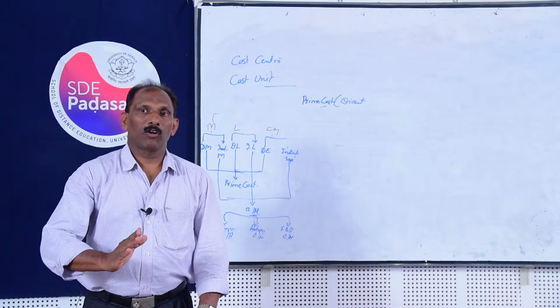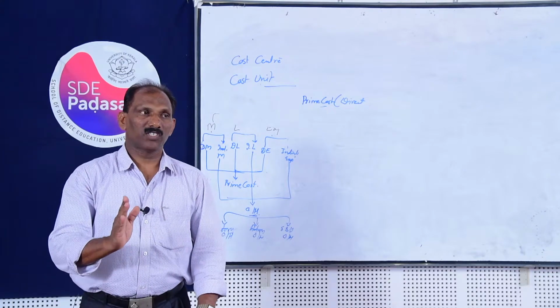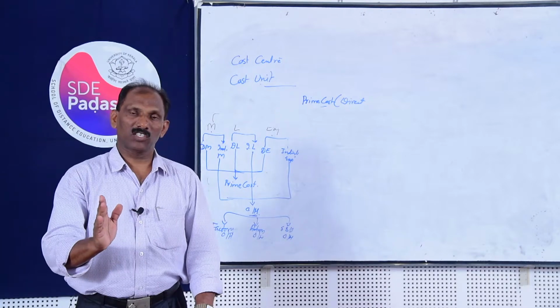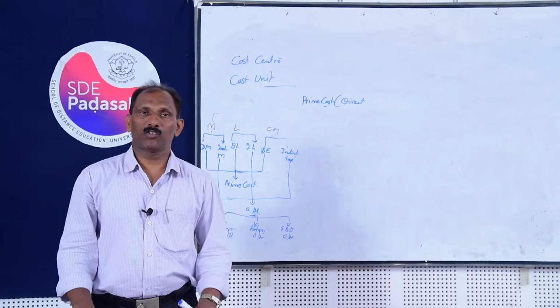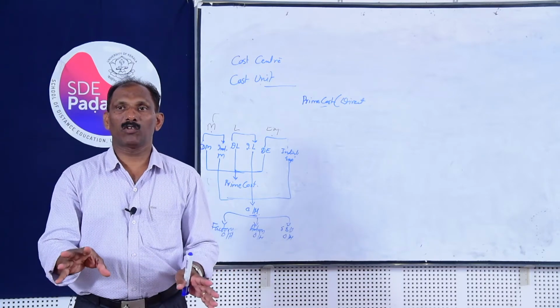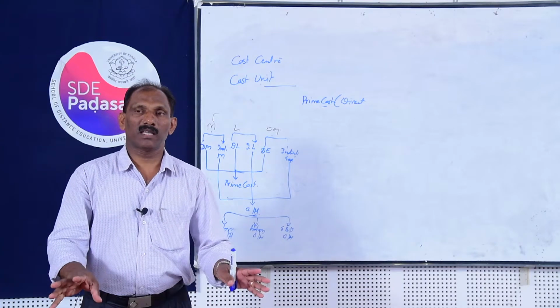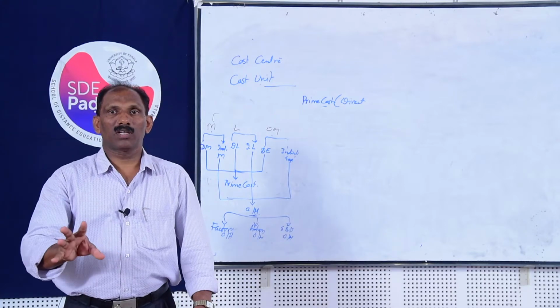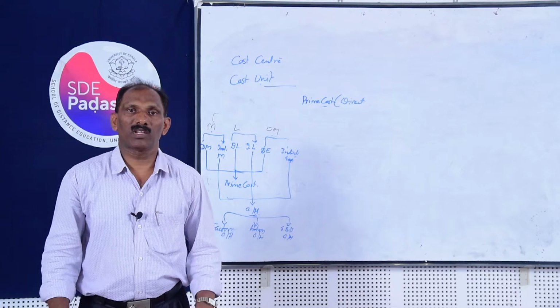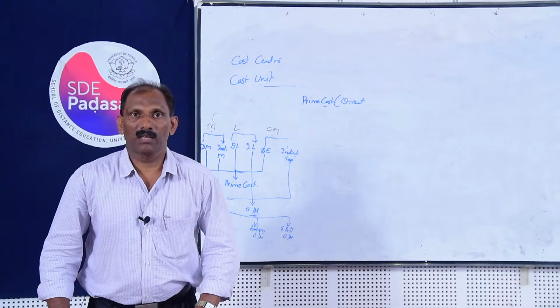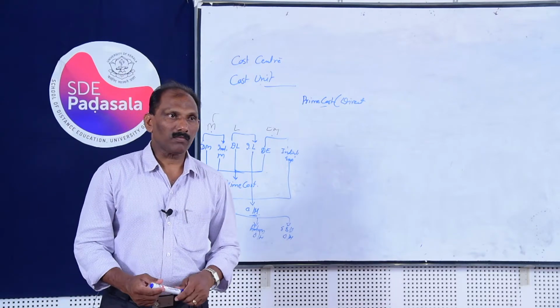A cost that cannot be identified, suppose you are paying salary to the manager or the watchman, cannot be allocated to a particular department. That is the expense incurred for the total department. That will be divided according to the benefit and apportioned to different cost centers. That's why it is called indirect cost.